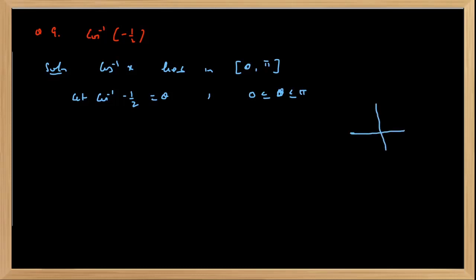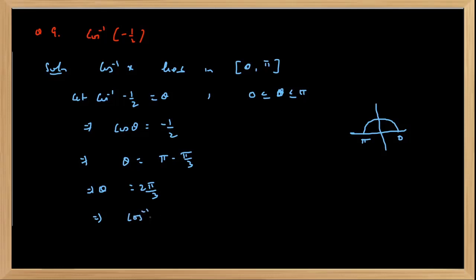So it will be in the first or second quadrant. So this implies cos theta is minus half, and theta is in the second quadrant. In the second quadrant the value will be: cos of π/3 is half, so minus half will be pi minus π/3, second quadrant. So theta is 2 pi/3. So this implies cos inverse minus half is 2 pi/3.